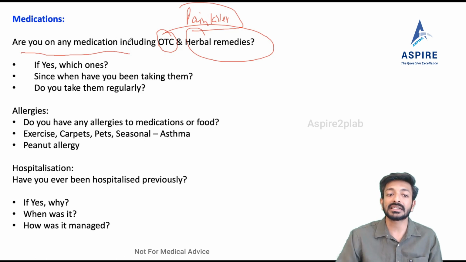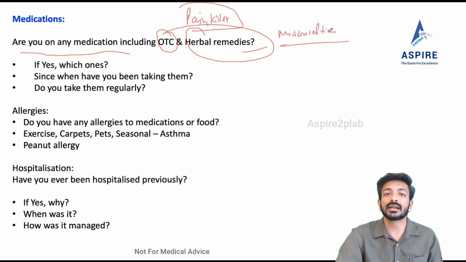So when you're asking about the medication, make sure you are including OTC, over-the-counter medication, and herbal remedies, because many patients have this misconception about herbal medication, that it is the safest medication. What do you think? Are they safe? First of all, with lots of herbal medication, we don't know what the content is, we don't know how it works, we don't know the mechanism of action, we don't know about the interactions.